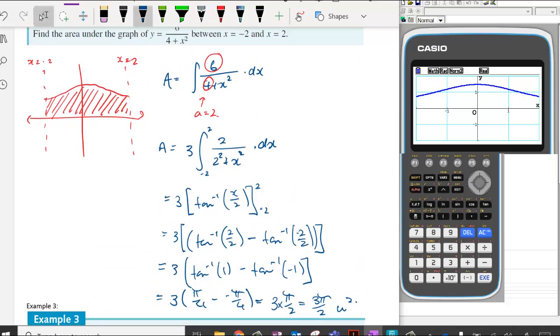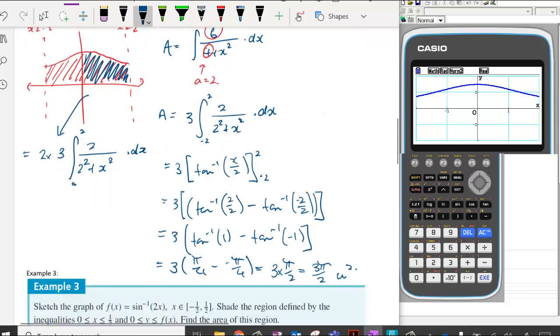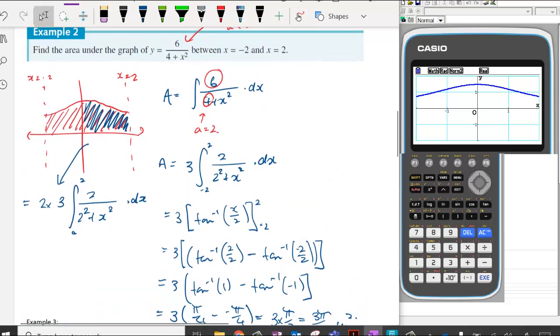Now, you could have recognized that there's symmetry up here, so we could have said that it's 2 lots of 3, the integral of 2 over 2 squared plus x squared, between 2 and 0, if that makes it simpler to calculate. So 2 lots of this area. We get the same outcome regardless.